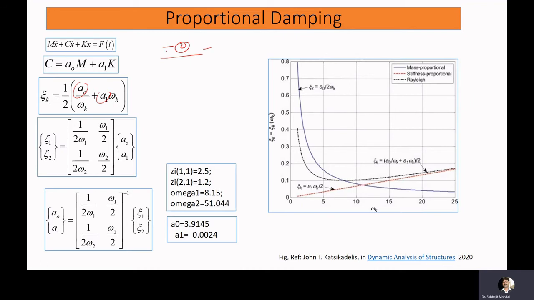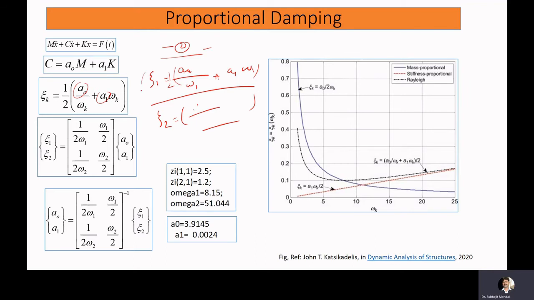So here what we are going to do, we will write how much modal damping factor is coming for the first mode, and we will write what the frequency of the first mode is. And again we will write what the modal damping factor is and what the corresponding frequency is.